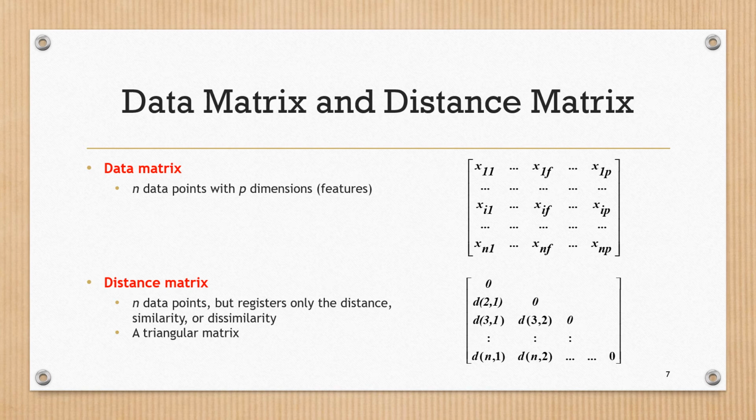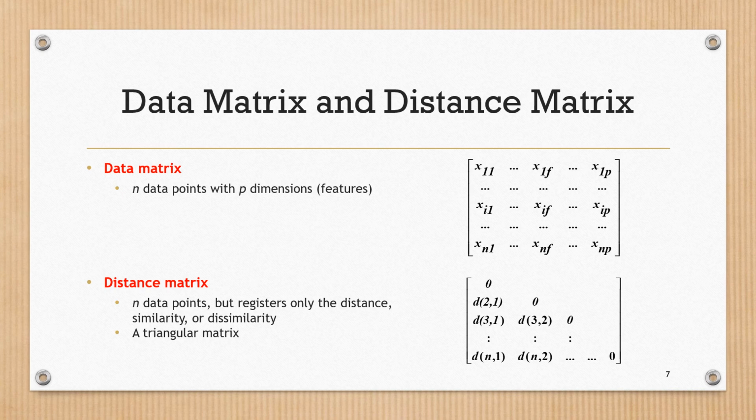Distance matrix or similarity matrix stores the dissimilarity values or similarity values between each pair of data objects in the data matrix. And thus, distance matrix or similarity matrix are a square matrix where the number of rows and number of columns equals the number of data objects in the data matrix.